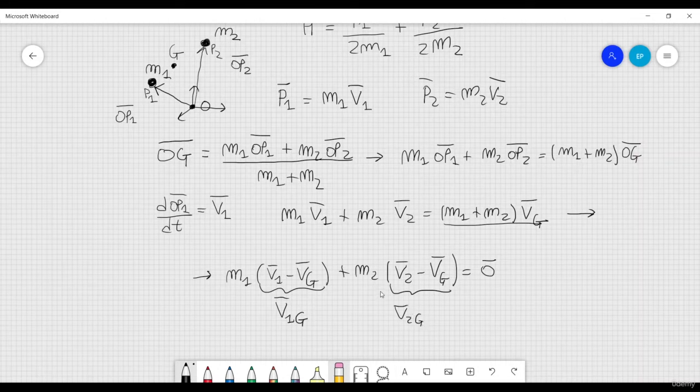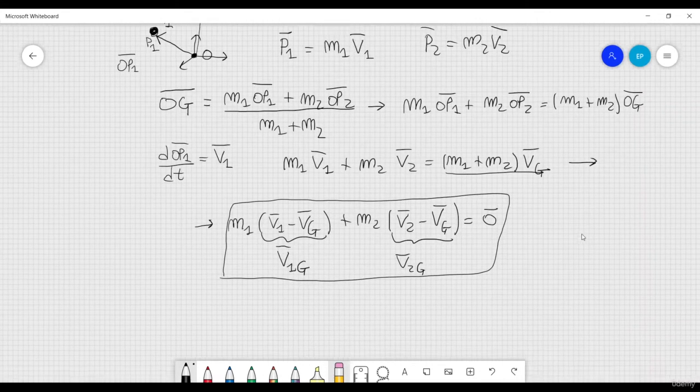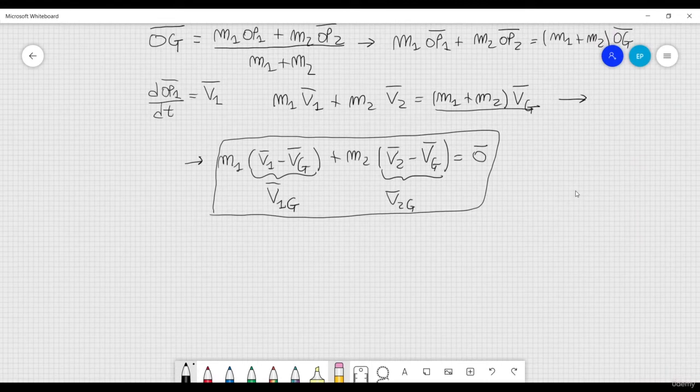This simply means that if I choose this point O coincident with the center of mass, of course I will have that m1 v1 plus m2 v2 will be equal to 0, just like this expression tells me. So instead of writing v1G and v2G, in the following I will just write v1 and v2.